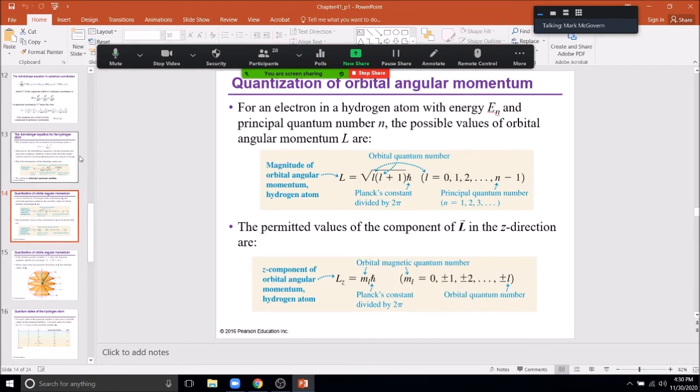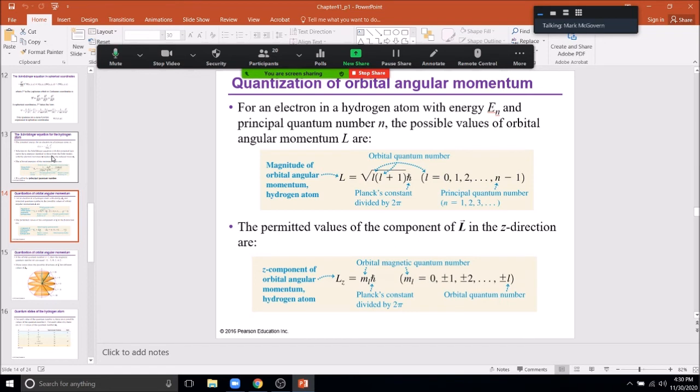So we have n, which represents our principal quantum number. So what I want you to think about now is this. Think about the periodic table. The first row of the periodic table are the n values. So n equals 1 is the first row: hydrogen, helium. n equals 2 would correspond to the elements below that.